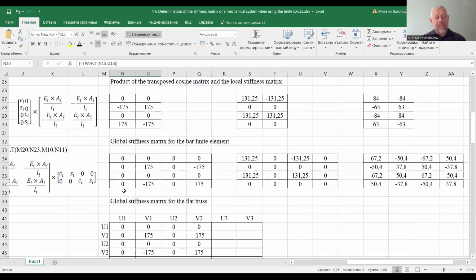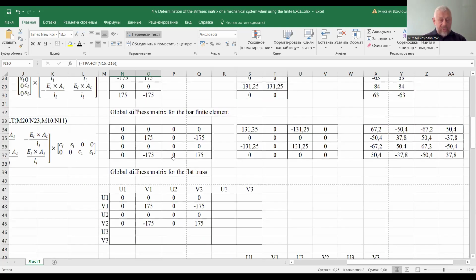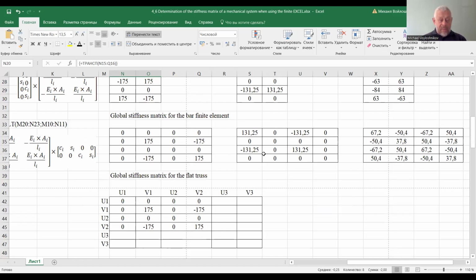If we considered a frame, the size of the stiffness matrix in the local coordinate system would be 3 by 3, and in the global coordinate system 6 by 6. But that is not our concern. Today we consider the truss with only stretching or compression of the finite elements.